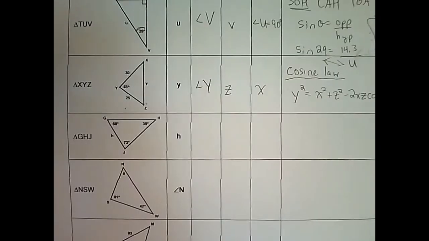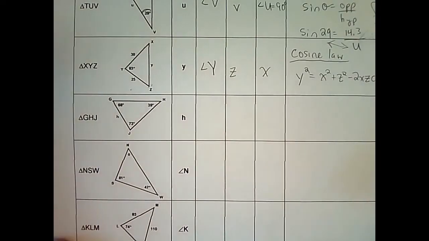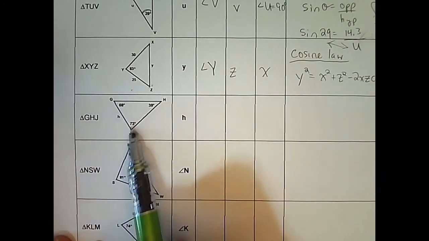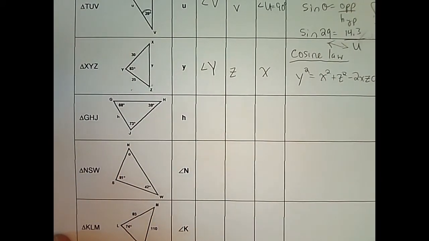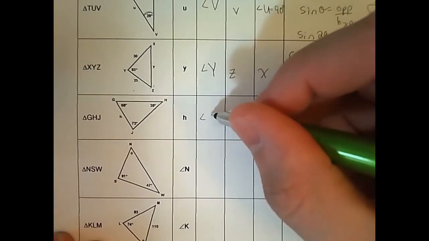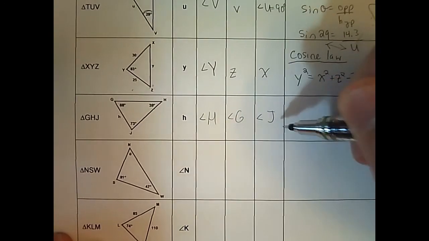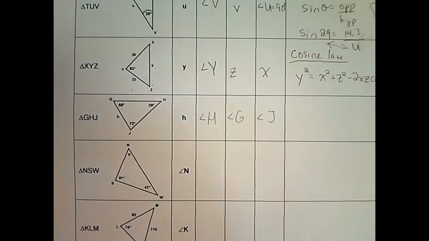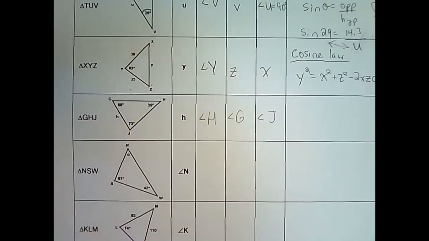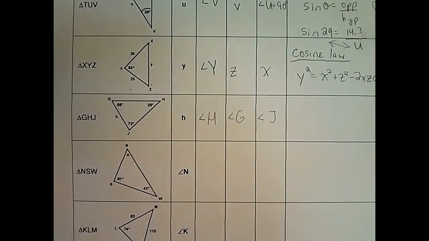Next one, we have triangle GHJ, where here I have 3 different angles. I have angle H, angle G, and angle J. So knowing these 3 angles, I actually can't do anything, because I don't know any of the side lengths.